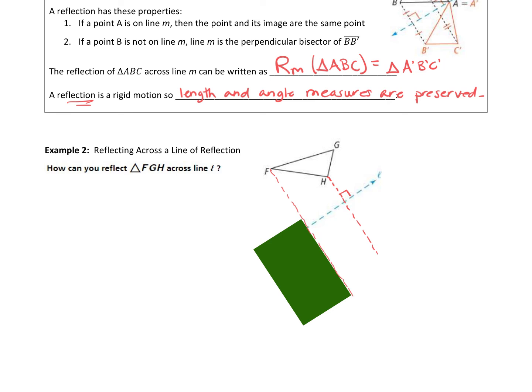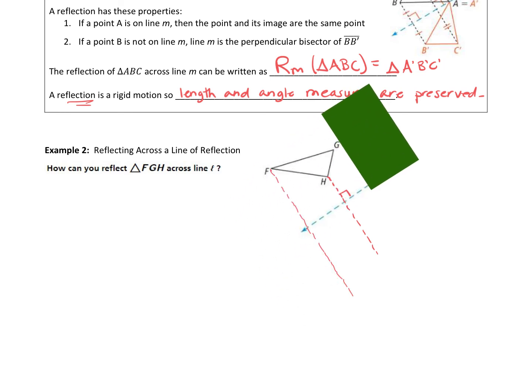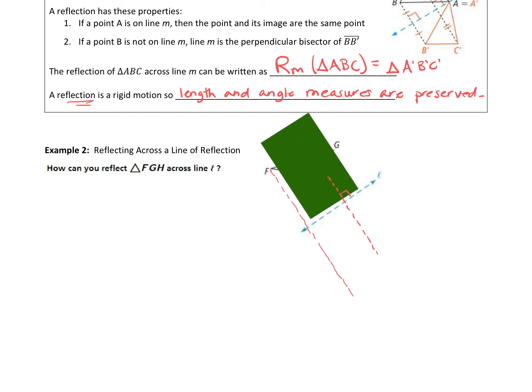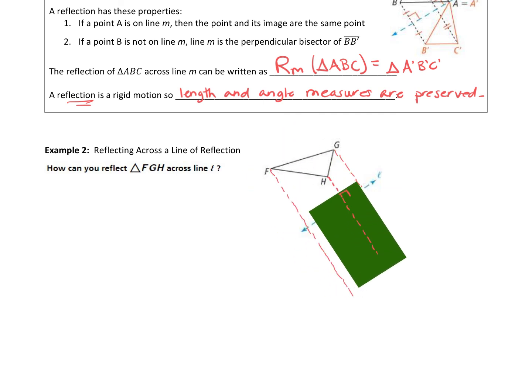And then I've got this last one to do. I'm going to bring it over here, line up along the reflected line with my vertex G, go from G to the reflected line, and then continue that on the other side. Okay, we'll see if I made those lines long enough.